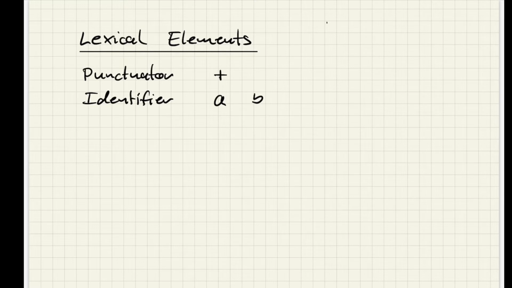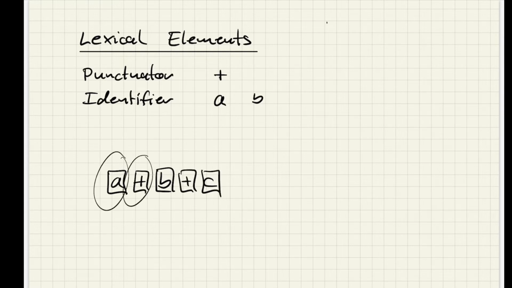That means if I have an expression like A plus B plus C, then this was already tokenized. And to make it clear in the example what is a token, I usually will put a box around it. So you see that I just have this sequence of tokens, an identifier followed by a punctuator and so on.